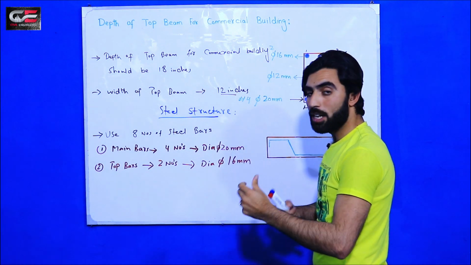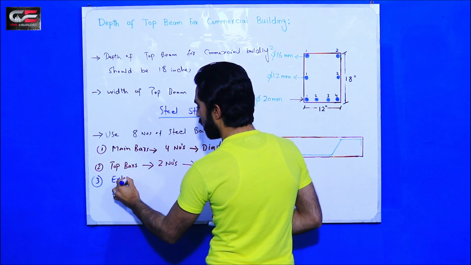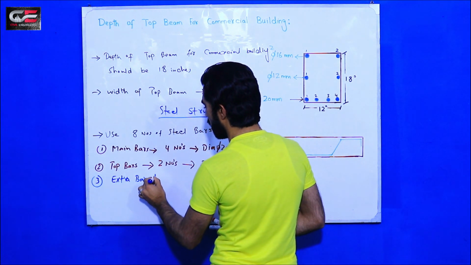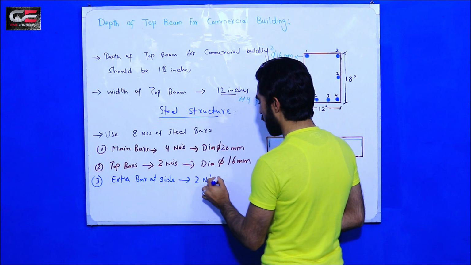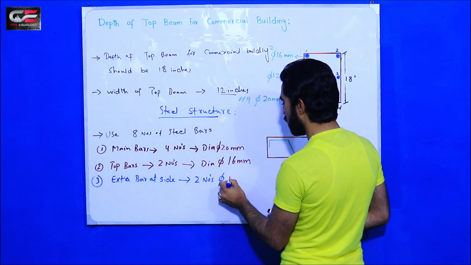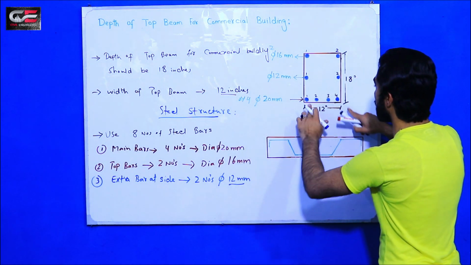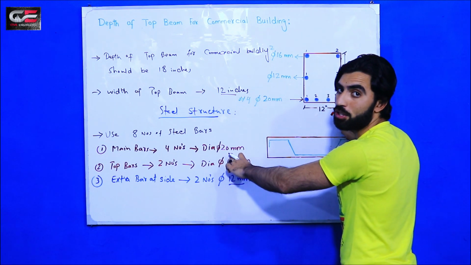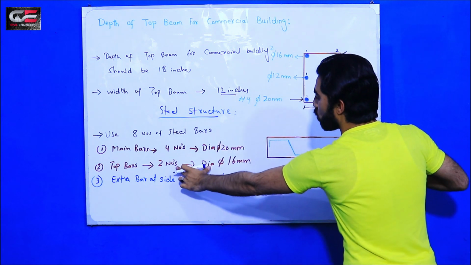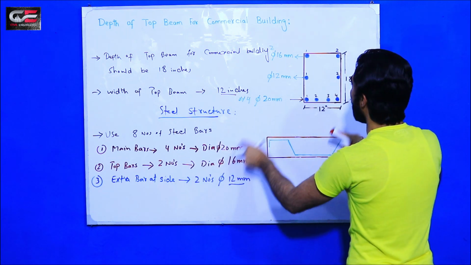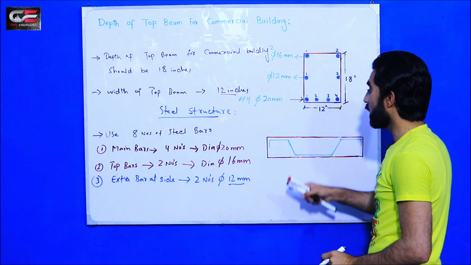Okay, and also third, extra bars at sides, two numbers, dia 12 millimeter. Okay, four numbers at the bottom, dia should be 20 millimeter for commercial building, which depth 18 and its width 12. Two top bars, numbers 2 and dia 16 mm. Two extra bars, one is this one, the second one is this one, minimum use 12 millimeter. Okay, so this is its steel structure.